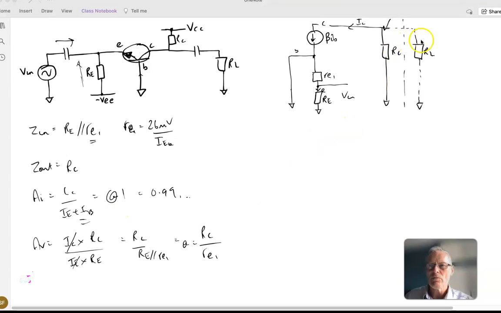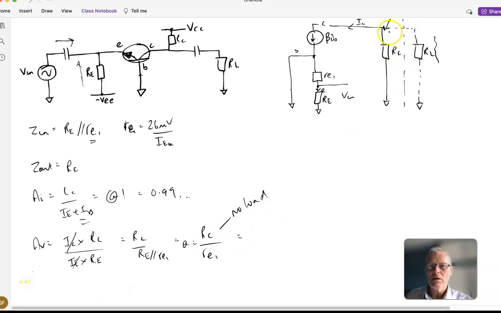Now, something that I mentioned previously, however, is that we have this RL resistor in parallel with RC. So when we're looking at this voltage gain, we have to be careful, and this is the voltage gain with no load attached. Okay, so no load.